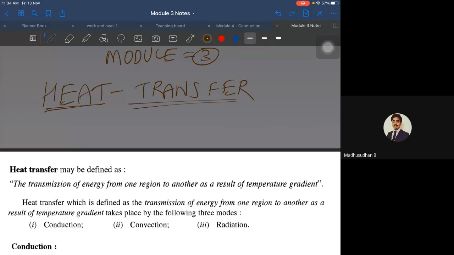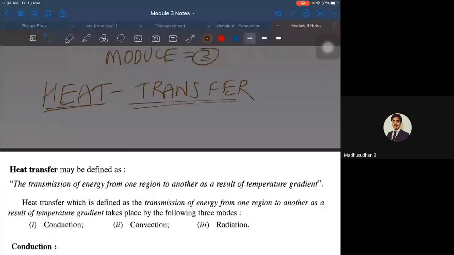The leftover topics could be some parts of applied thermodynamics, which is in module number 3. Applied thermodynamics is a big subject, and it has been cut short and incorporated as half of your module 3.